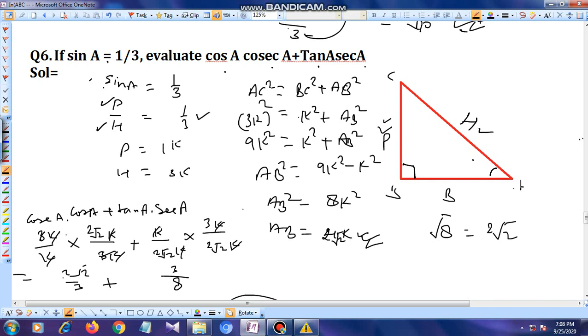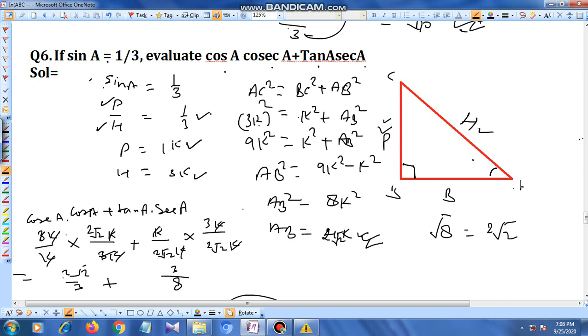It means, because this is a ratio, actual value will be 1k, perpendicular will be 1k, and hypotenuse will be 3k. Now applying Pythagoras theorem, AC square equal to BC square plus AB square. Value of AC is 3k and value of BC is k.